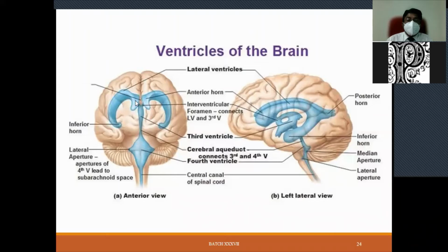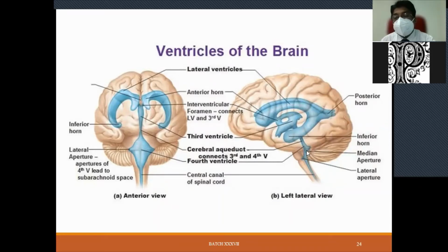And these two lateral ventricles are connected, and then inside is the third ventricle, and the lateral ventricle and the third ventricle are also connected. Then from the third ventricle, downwards, is the fourth ventricle.